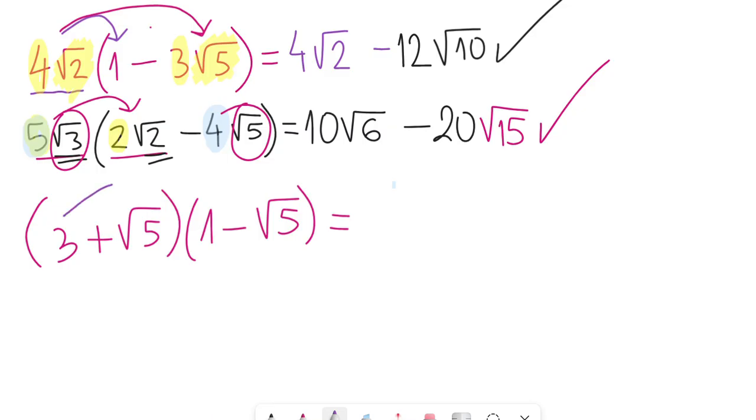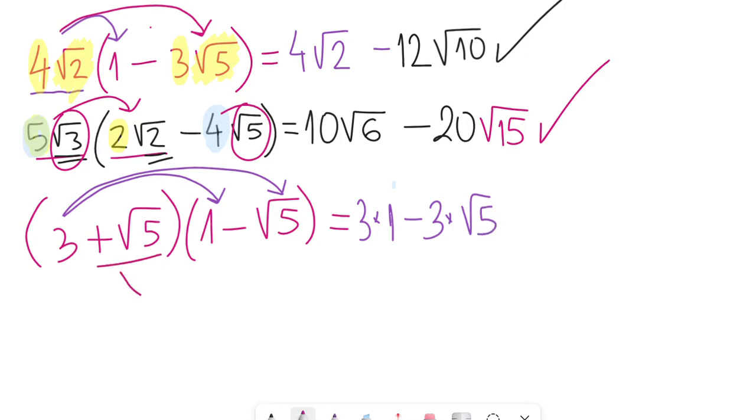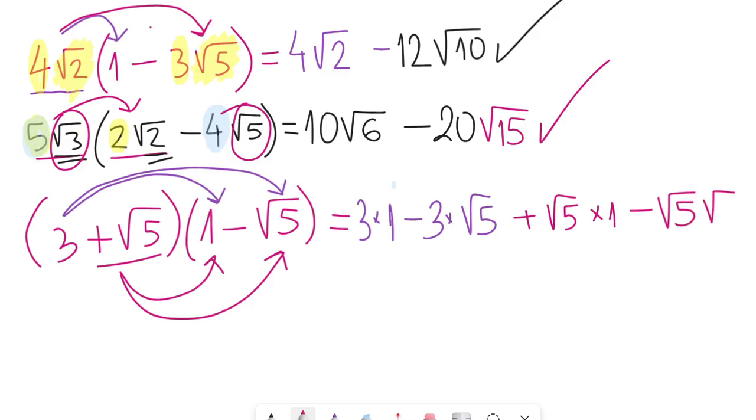So 3 multiplied by 1 and 3 multiplied by radical 5. Then we have radical 5 multiplied by 1, and radical 5 multiplied by negative radical 5.